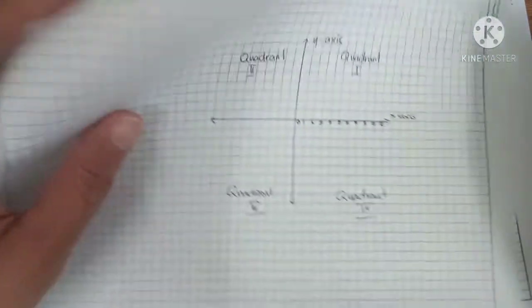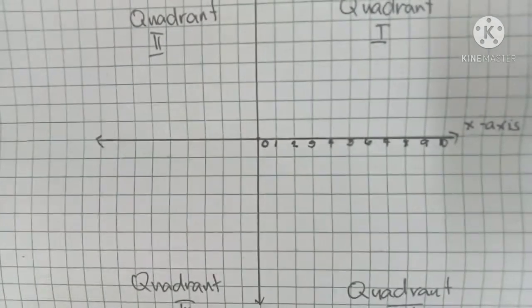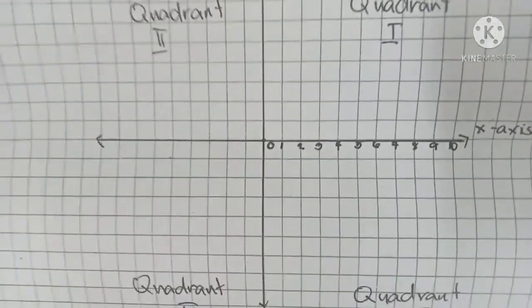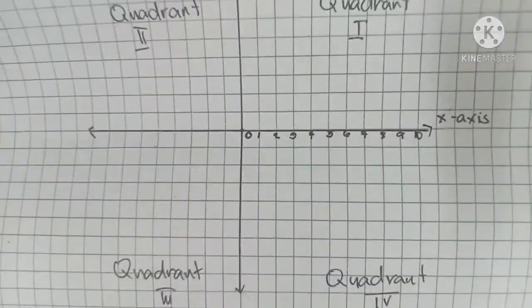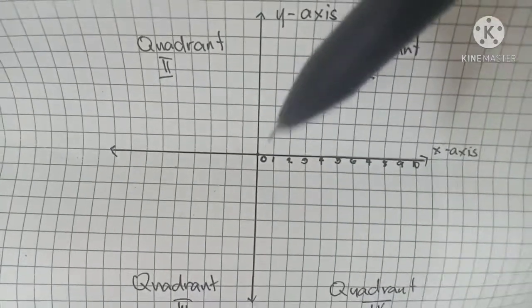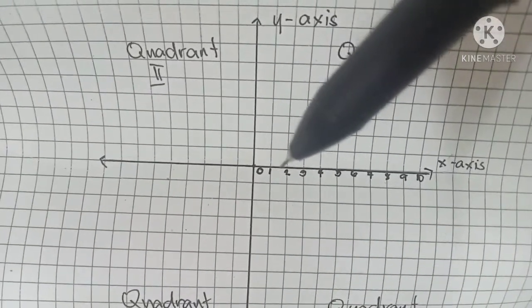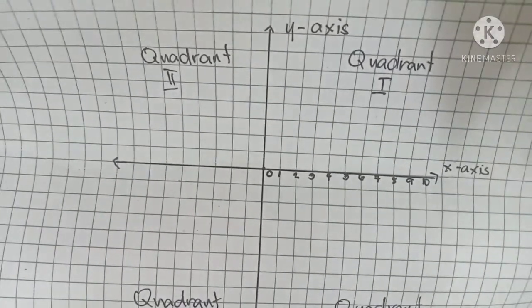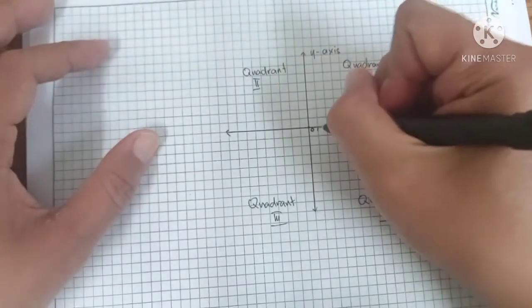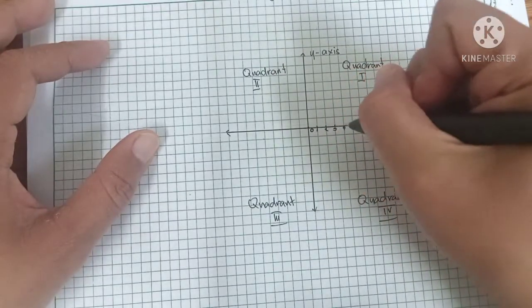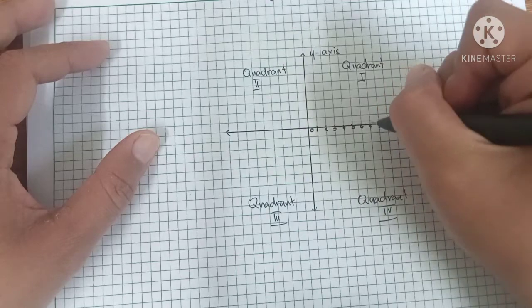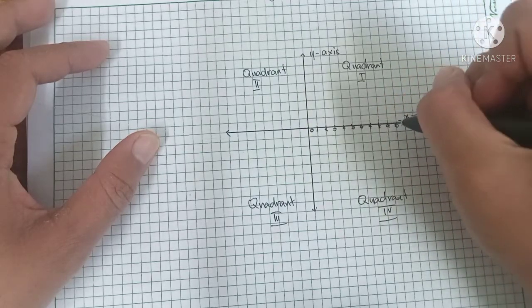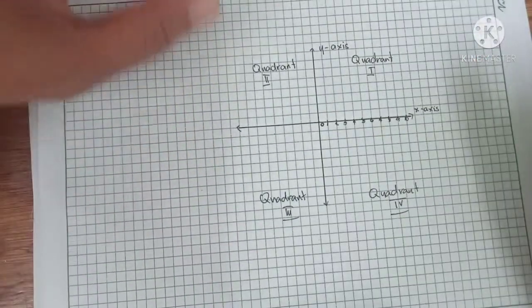Here is our 0, 1, 2, 3, and so on. Each line is represented with a number.